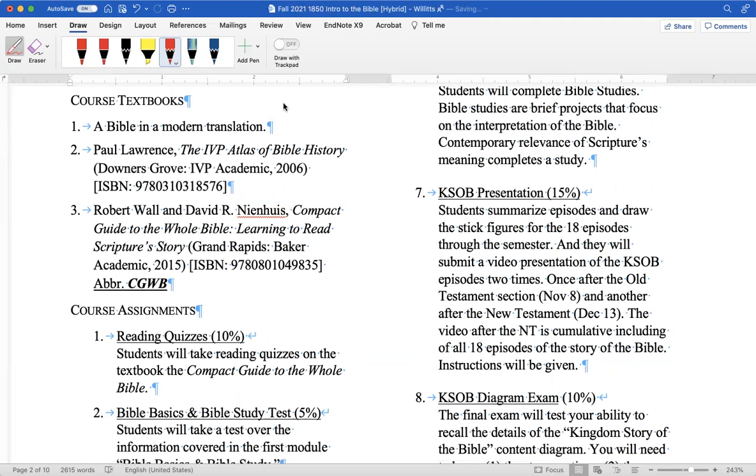Modern translation would be something like the NIV, the New International Version, or the NRSV, or the ESV. And there are many of them. You can find these actually through your mobile device as well at Bible Gateway.